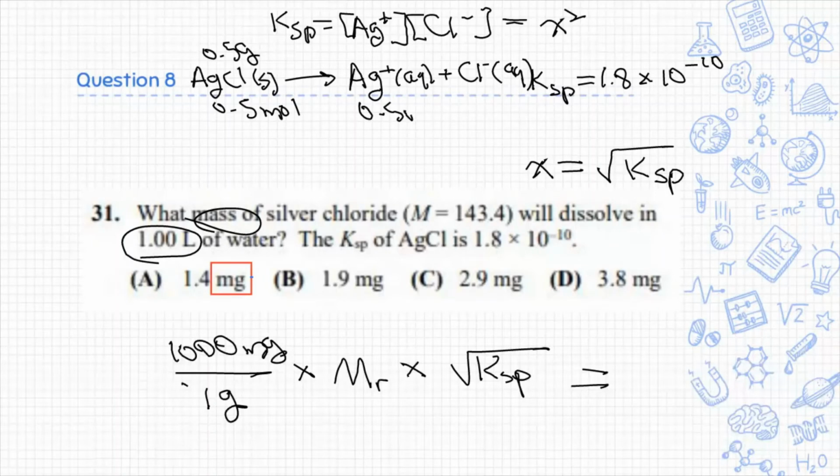It says 1,000 times the molar mass, 143.4. If you're confused why I did the conversions from milligram to gram, it's because molar mass is represented in grams per mole. So multiply that by the square root of Ksp, which is 1.8 times 10 to the negative 10th. I get 1.92 milligrams. So the answer is B.